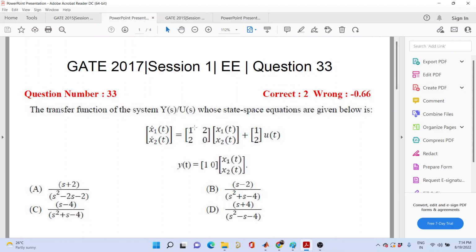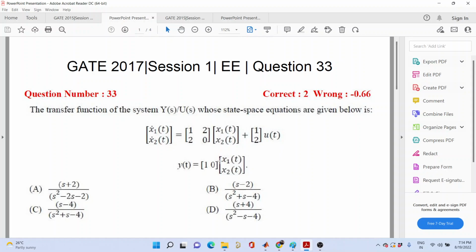So one pole is negative, the other pole is positive. You agree with me? Yes, sir. So in that way, you can easily say that the system is unstable.